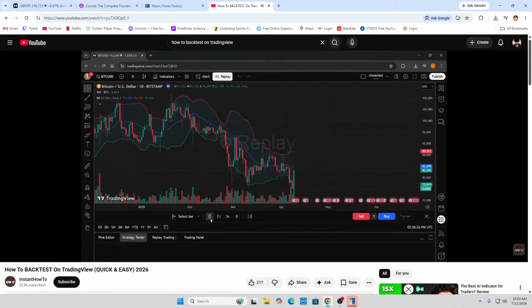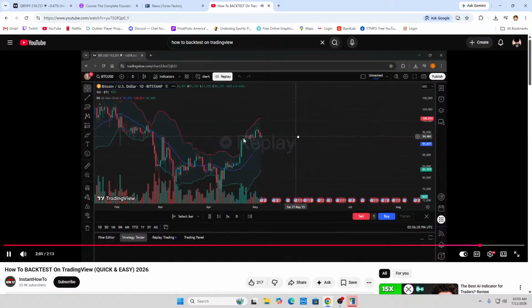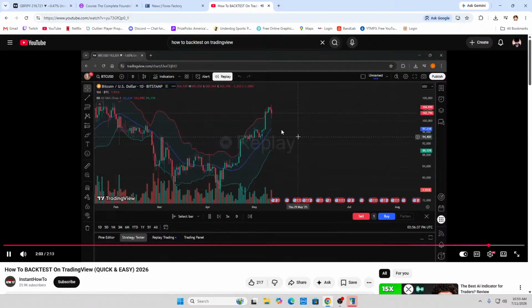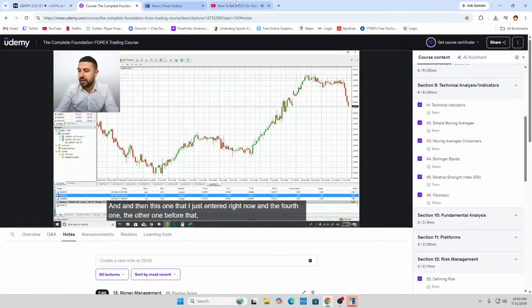Of course, you can stop this, continue it whenever you want, change speeds, and so on. So this is essentially just like backtesting, but you did it manually inside.